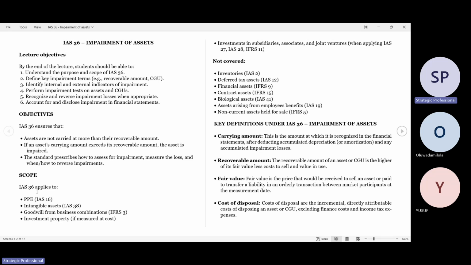The reason being that trade receivable is a financial asset, and there's already a separate standard that addresses it, which is IAS 39. So it is important for you to understand what assets are applicable under IAS 36, and what assets are not applicable under IAS 36.